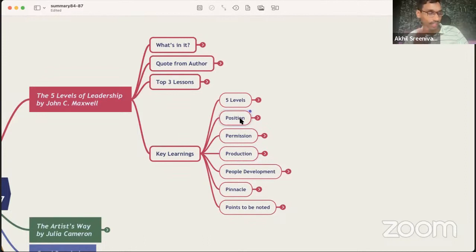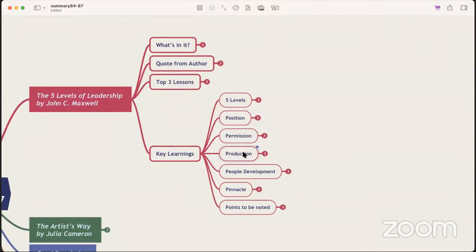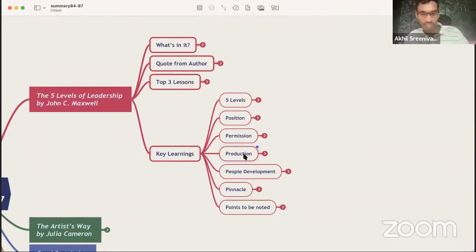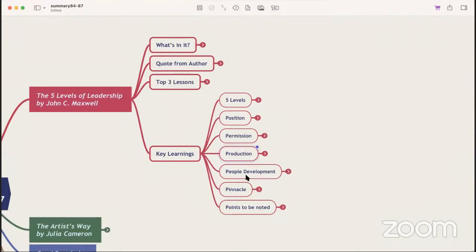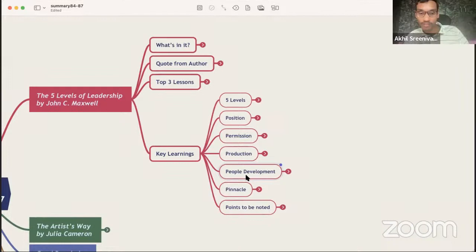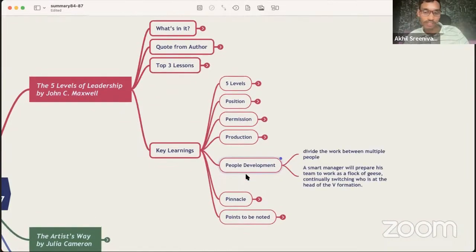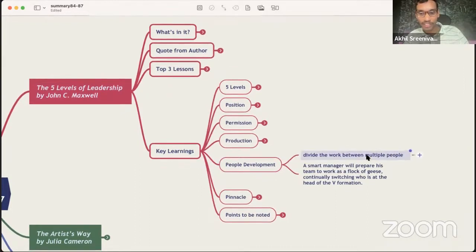First level is set your position. Second level is seek permission from others. Third level is focus on your production. Once your production is set right, then the fourth level of leadership comes under people development, which is nothing but communication skills, or how you manage the work between the team. This is the job of your managers or upper-level employees.